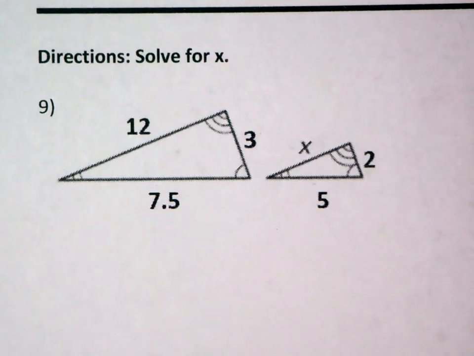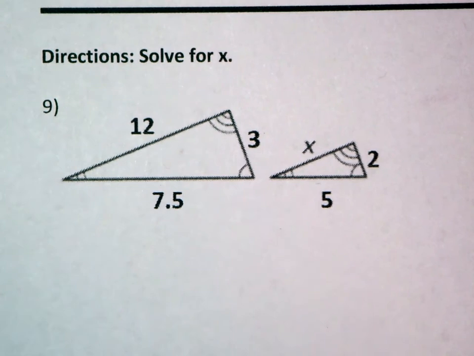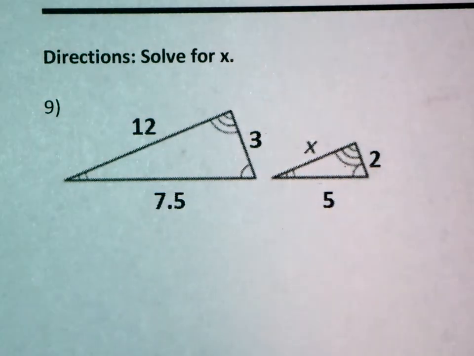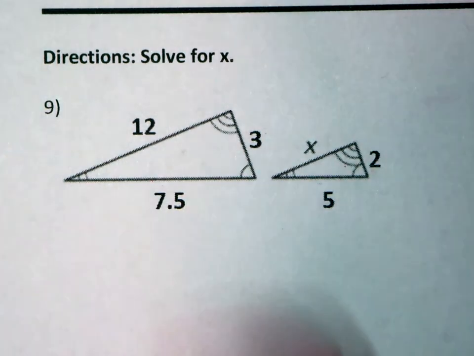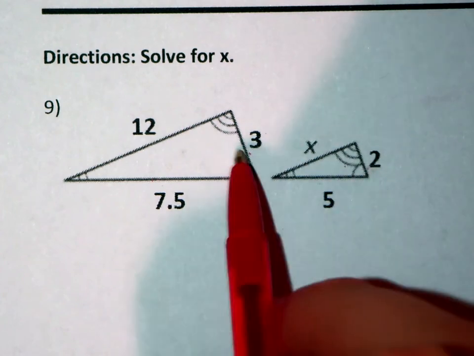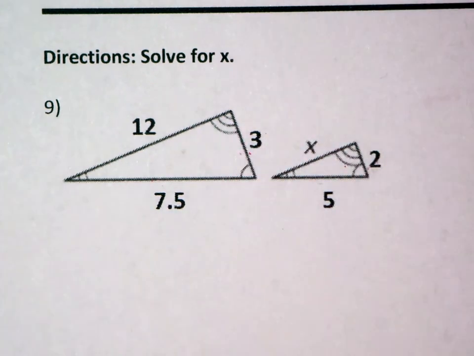Last thing I want us to look at real quickly is proportional shapes. I have two triangles in which I have gone ahead and told you that they were similar figures. And since they are similar figures, corresponding sides on each of these similar figures will be proportional to each other.